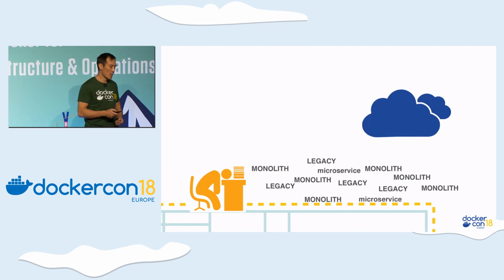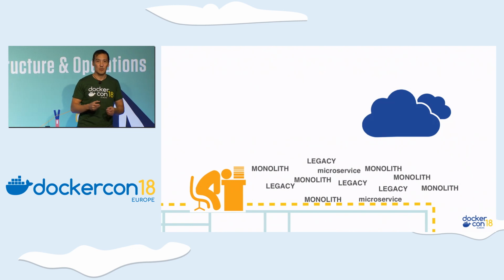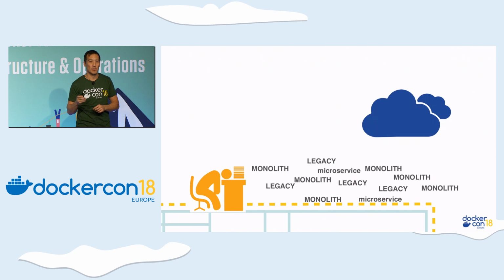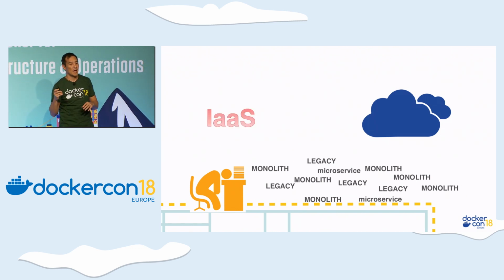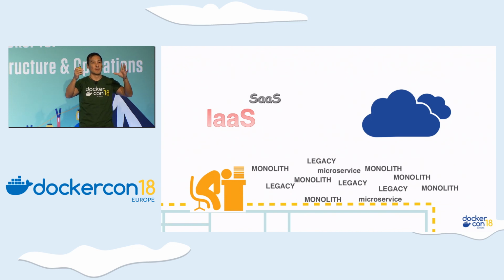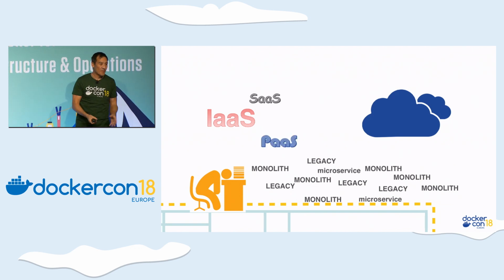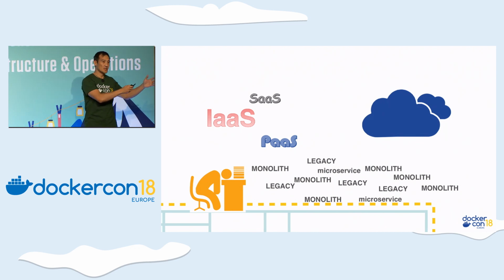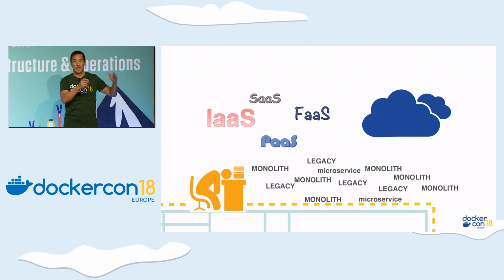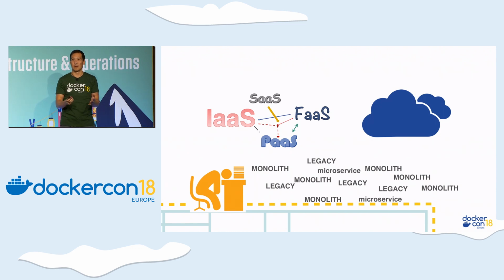And to make it more complicated, you have all of these as-a-services today. For example, you have infrastructure as a service, software as a service, platforms as a service, and now we even have functions as a service. How are we going to bring all of those together?